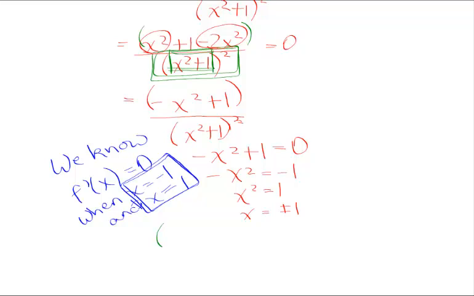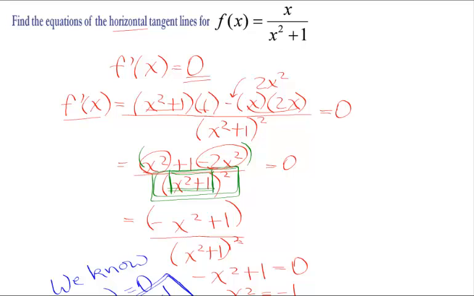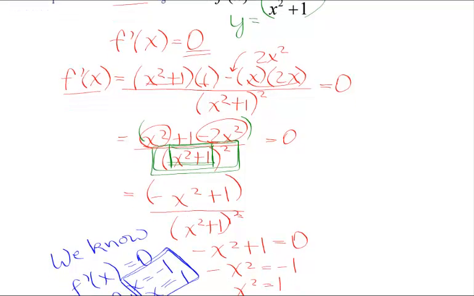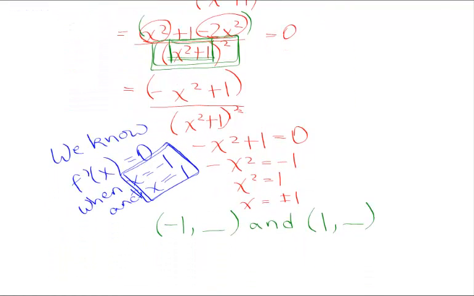We need to know the horizontal lines on f of x that contain these points, meaning we have to find the y coordinates of these points. We need a relationship between x's and y's. That's what this is. Y equals this function. If I know x values, I can plug them into my function and find the corresponding y values.